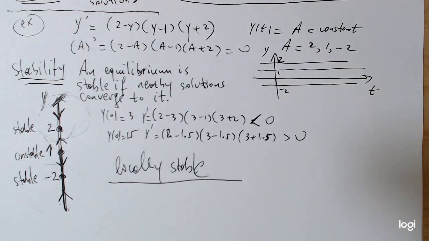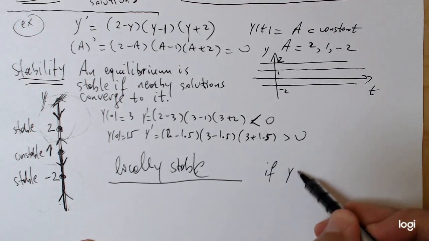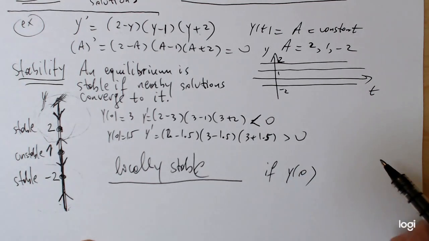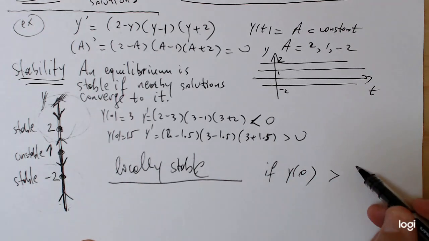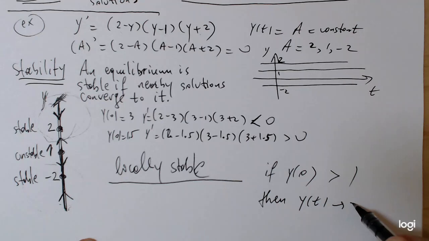And believe it or not, with just this simple tool, you basically can answer modeling questions of various kinds. In this case, for example, we could answer by saying if you start with initial condition above 1, so if y of 0 is greater than 1, then y of t approaches 2.